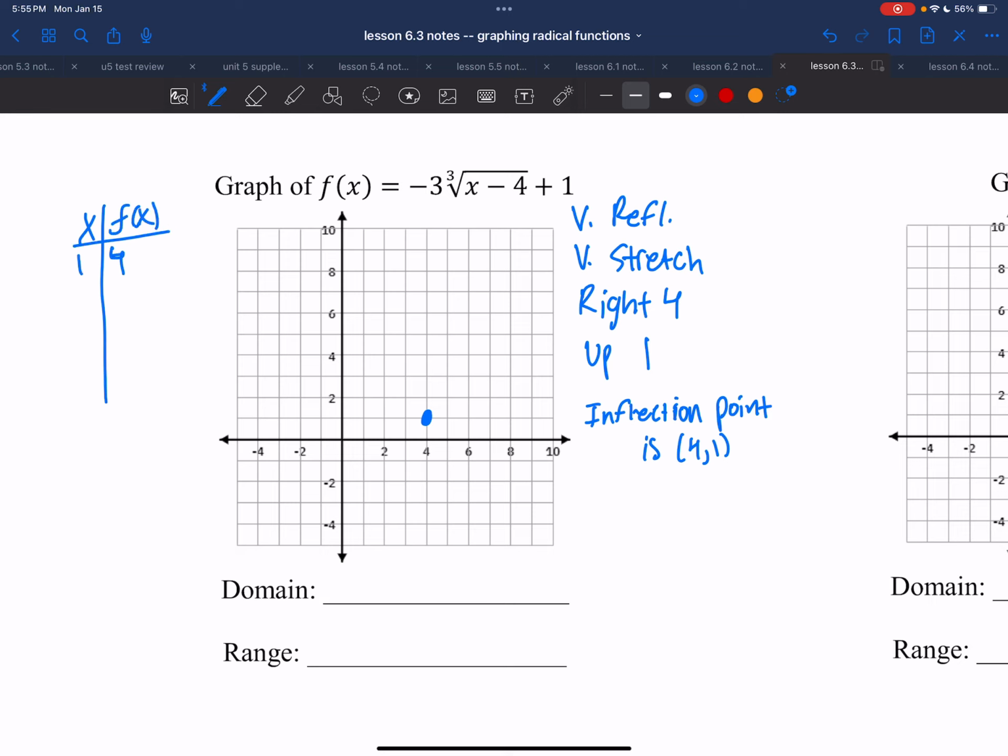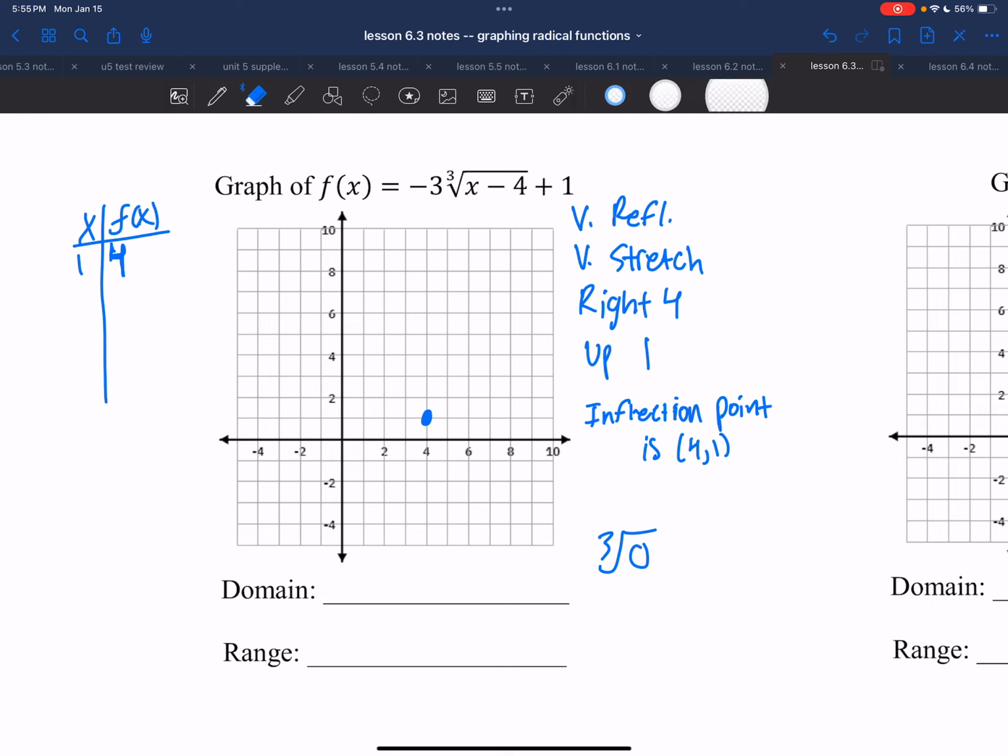I'm just going to plug in points. What are smart choices of x so that we get values that we can graph? Well, now that it's cube root, we need to take the cube root of something. We can take the cube root of 0.